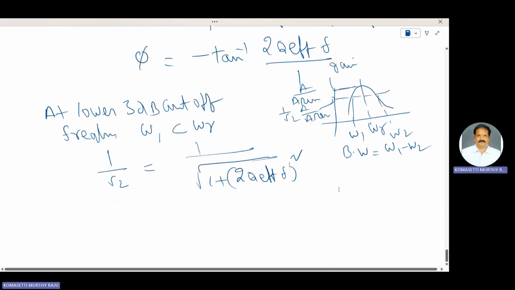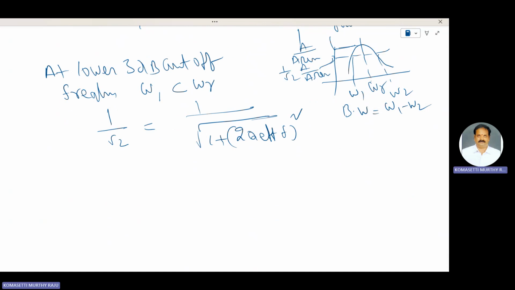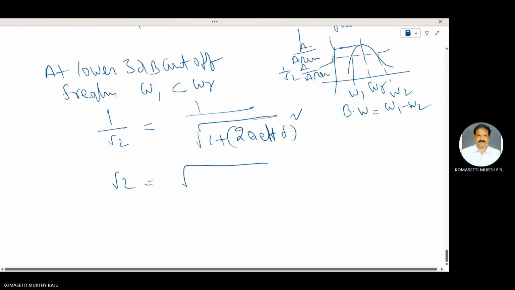These two are equal. Therefore, root 2 is equal to square root of 1 plus (2Q effective delta) whole square.